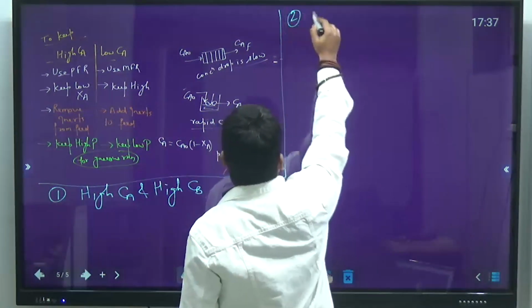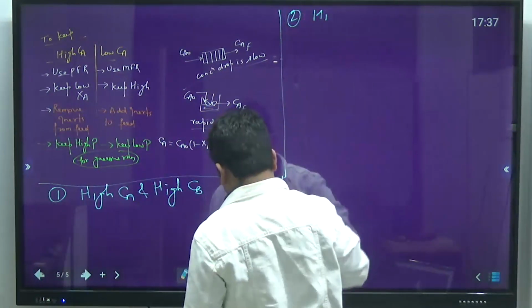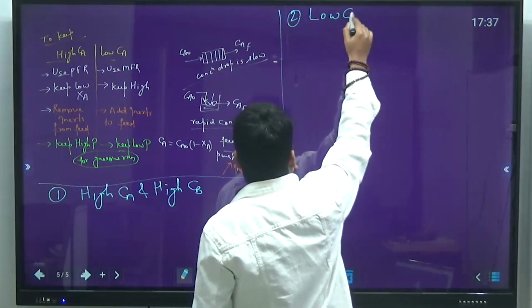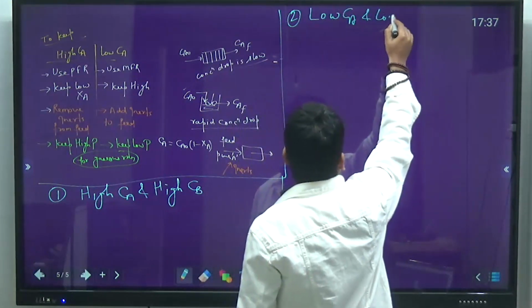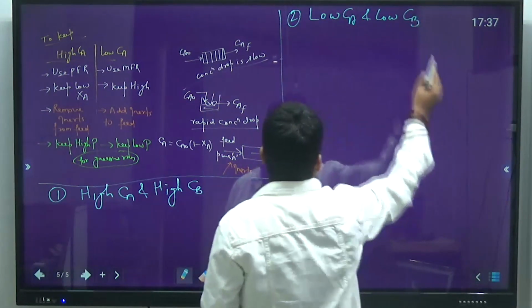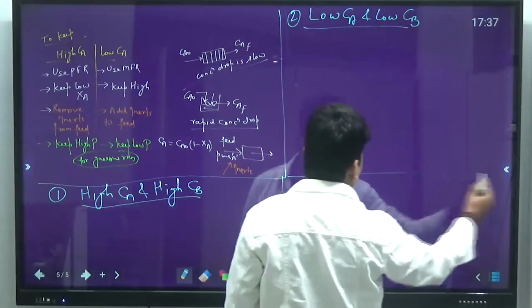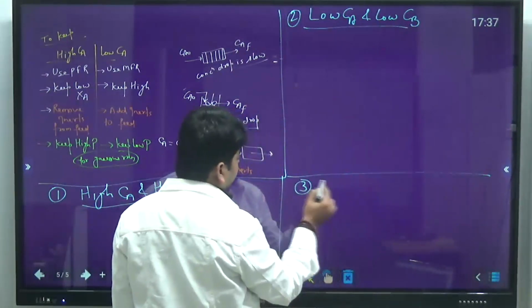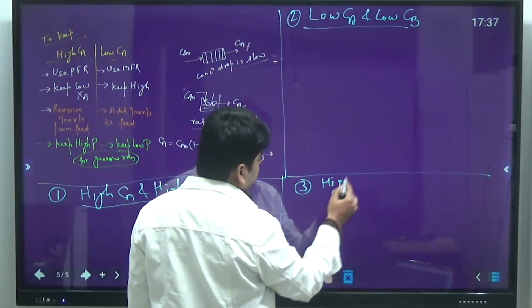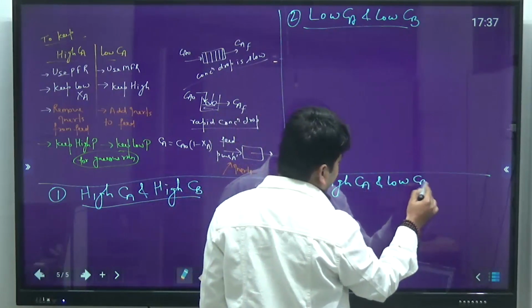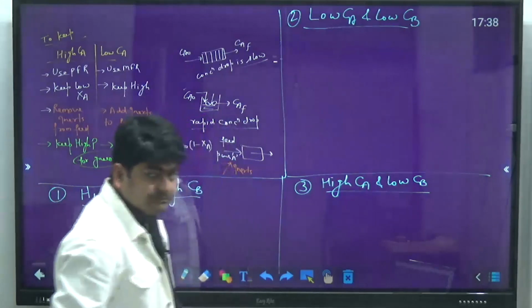There will be a case where I want to keep low Ca and low Cb. And there will be a case where I want to keep high Ca and low Cb, or vice versa.